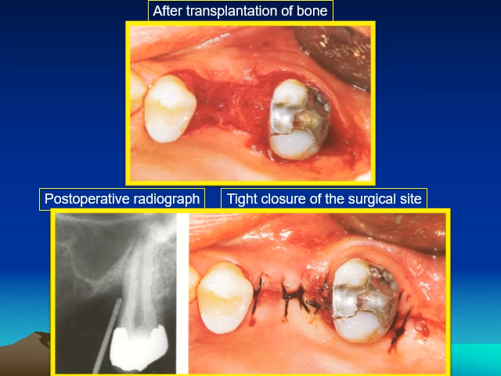On the bottom, we can see the healing of the site, which can occur optimally if the flap closure is complete and secure. The surgical site should be protected from mechanical trauma by a periodontal dressing, or as in this case, with a tissue adhesive.